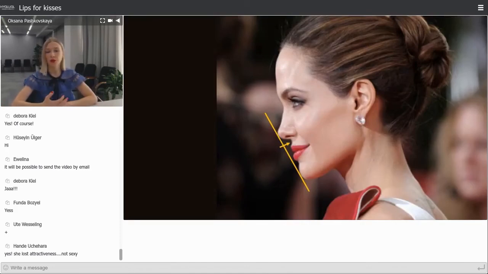And now look at her profile. Something very interesting I want to say to you now. Maybe you will be surprised, but our upper lip has, in an ideal situation, a curve from the subnasal point to the vermilion border. Look, Angelina has a springboard curve line, the upper lip like a springboard on her face, like a trampoline.